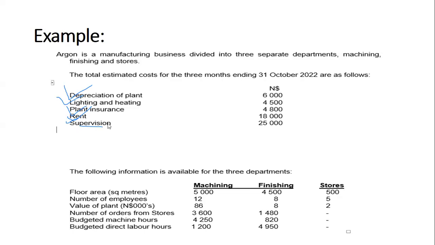These are indirect costs, what you call overheads. And we have to apportion them between the 3 different departments. Good. Now let's do it and pay more attention.